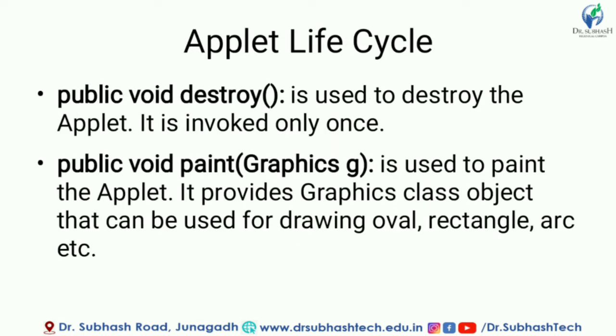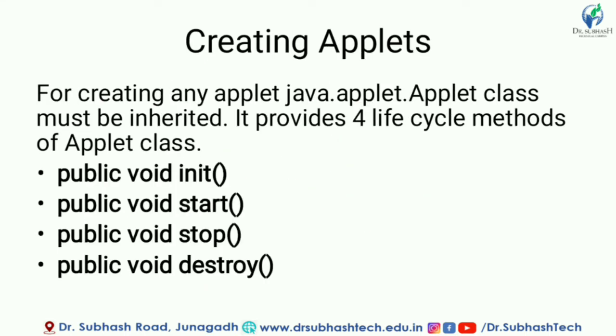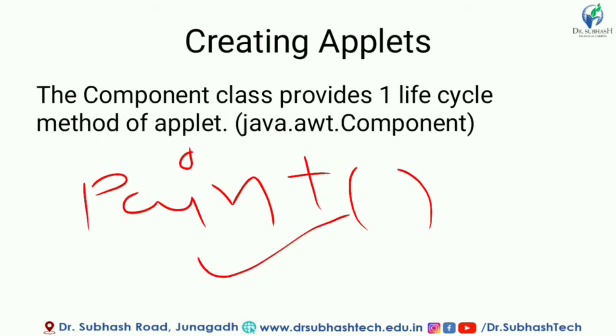And this paint method will take the object of Graphics for painting the applet. If you want to write or draw onto the applet, this Graphics object will help you to draw the object or the string. So these are the basic methods of the applet life cycle which we will use to create the applet. Basically we will use the init method and the paint method.